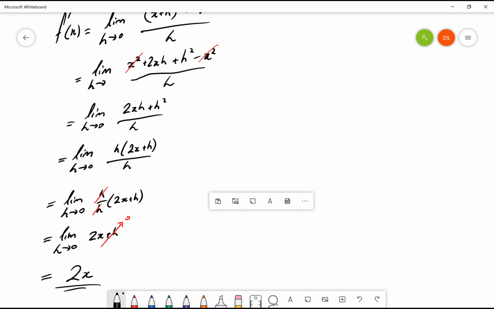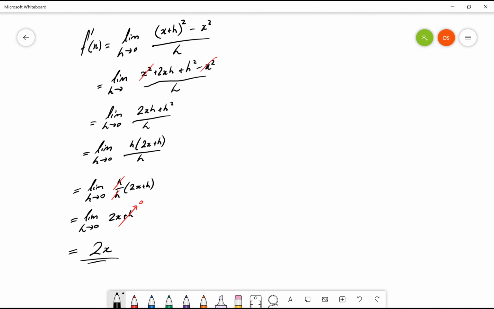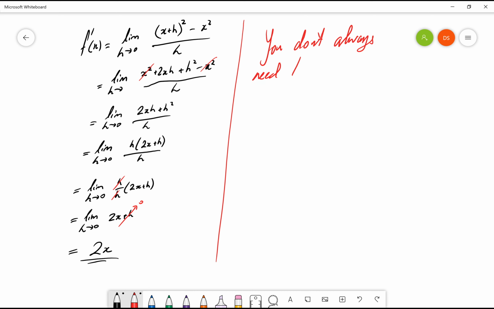And you're like, Mr. Dharma, this seems like an outrageous waste of time. Why would you ever go around this long-winded way of differentiating something? And I'm saying, no, you don't have to do this. You don't always need to do this.